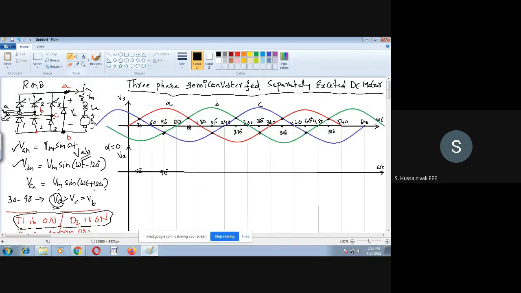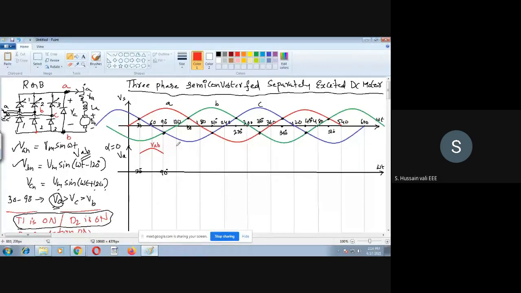I will use red color for VAB. So for 30 to 90, I will write here VAB.